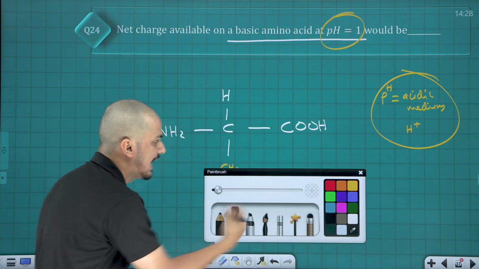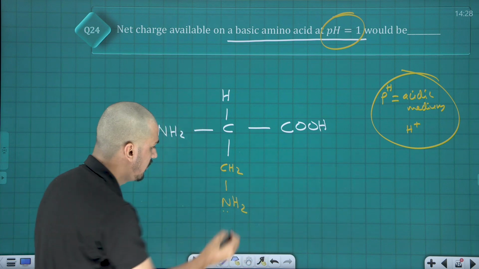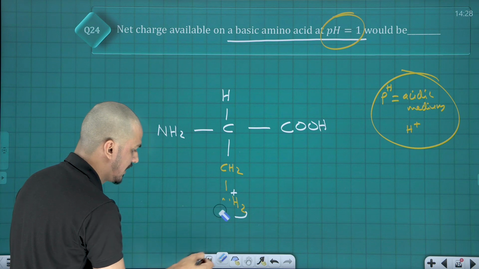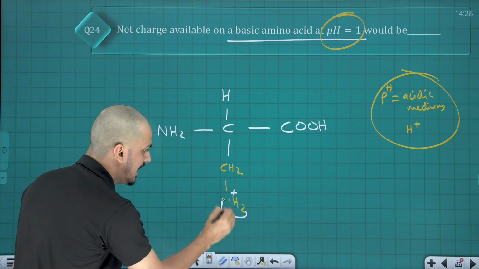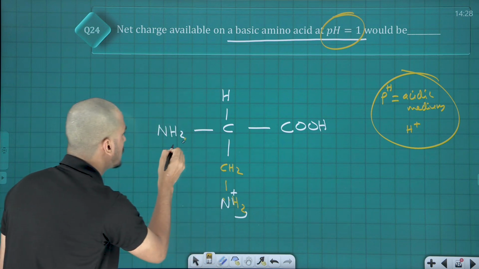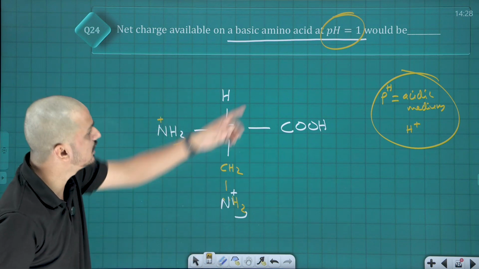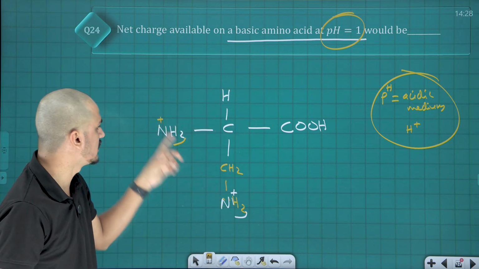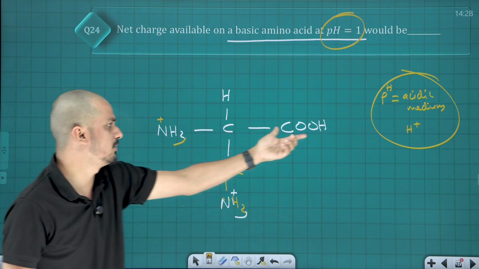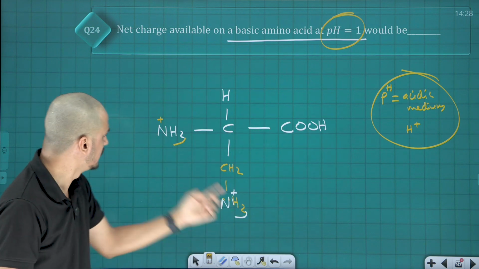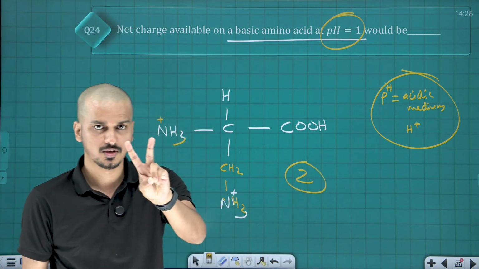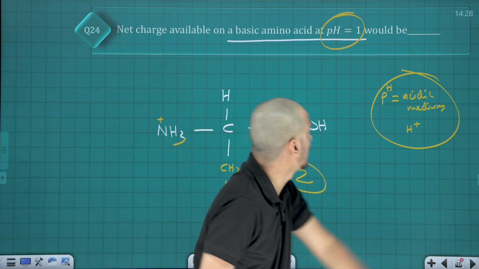This NH2 will gain 1 H plus and become NH3 plus, because it uses its lone pair. This also becomes NH3 plus. So in acidic medium, 2 positive charges will be there. The COOH won't ionize. Why? Because in acidic medium, they won't lose H plus. So how many plus are there? 2. So the net charge is 2. Ready? Yeah. We can move to the next question.